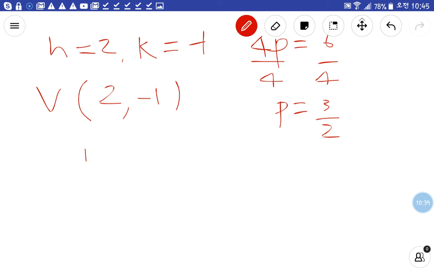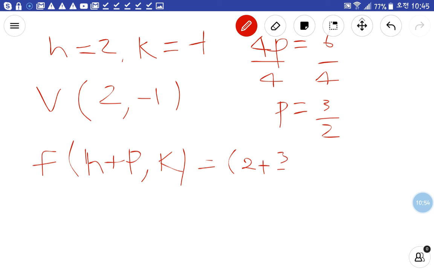Focus was h plus p, comma k. So you can just plug in. My h, I already got, which is 2, plus p, 3 over 2, and k, negative 1. Now 3 over 2 is what? 1.5. So you get 3.5, comma negative 1, or you can leave it as a fraction, 7 over 2, comma negative 1. It's totally up to you.